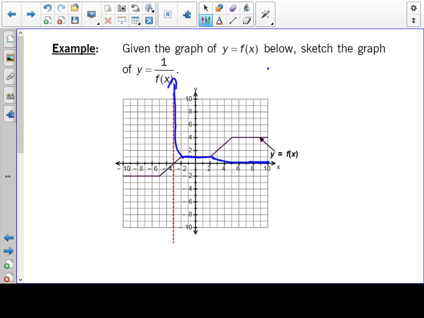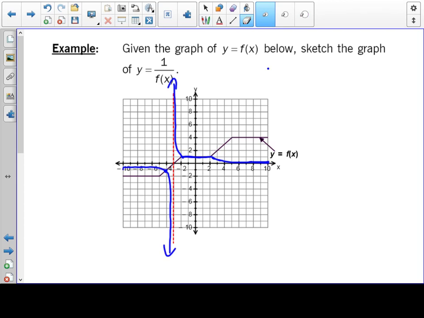Now, on the left side of the asymptote, we have our invariant point here. That's going to help us do this. And then it goes to about 2, which means we're going to go to about half. And again, it stops at -10, so we need to stop at -10 as well.